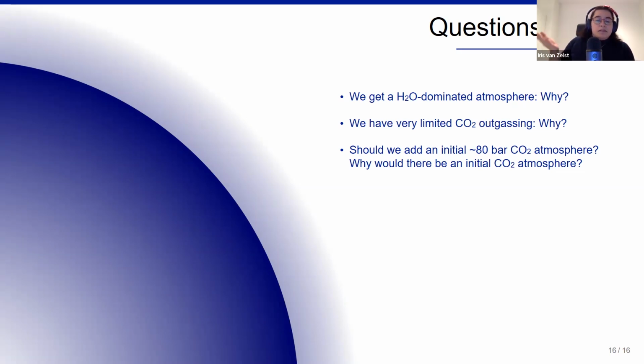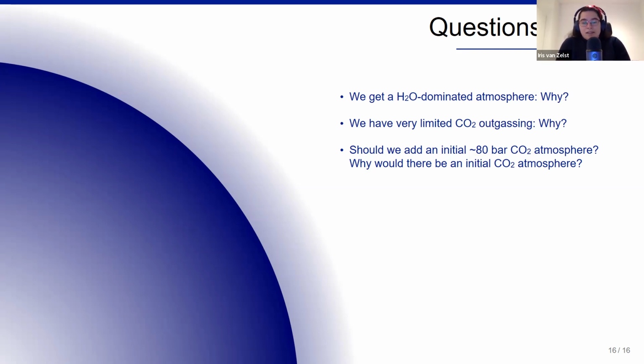So the question to you, the community, is should we add an initial 80 bar CO2 atmosphere? But then also, why would there be an initial CO2 atmosphere? You could probably argue that it is the result of outgassing of the magma ocean, but I was always under the impression that it would result in a steam atmosphere. So then maybe you want to start with a steam atmosphere? I don't know. These are questions.